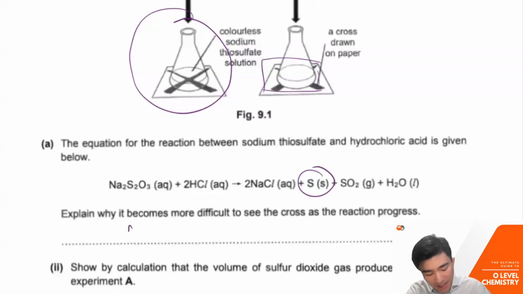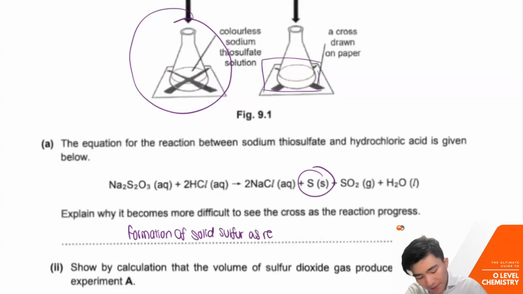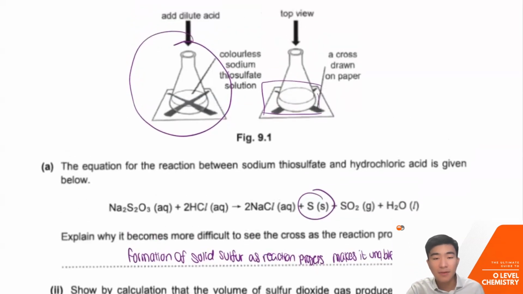So you tell them that the formation of solid sulfur as the reaction progresses makes it unable for the cross to be seen. This will be your answer for part A of the question.